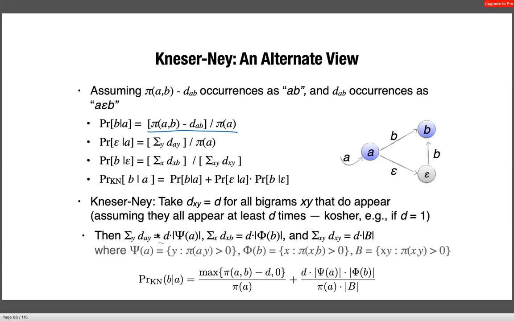And you'll see that all these quantities show up. So you have the size of psi of A, the size of phi of B, and in the denominator you have pi of A, and then you have the size of B. Okay, so this is another alternate view of Kneser-Ney smoothing.